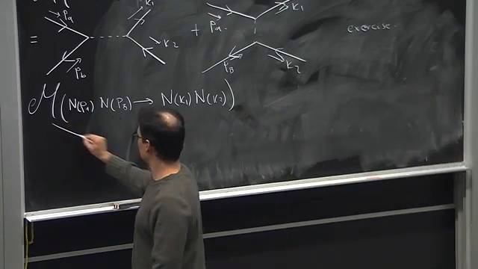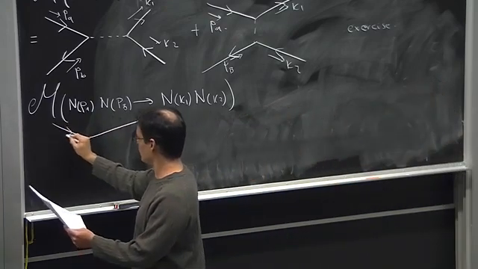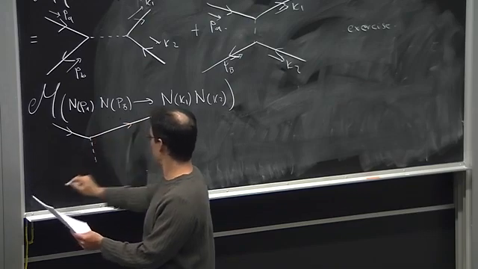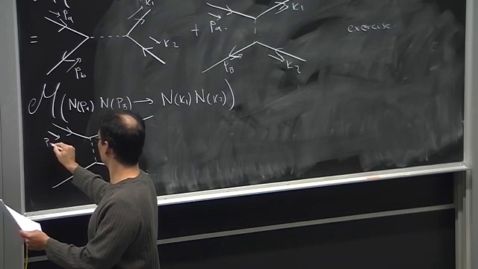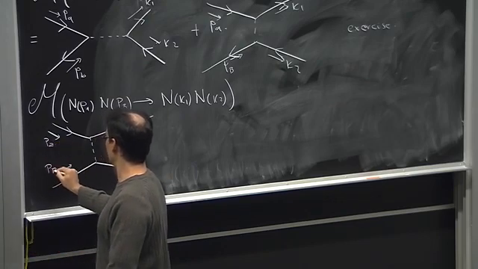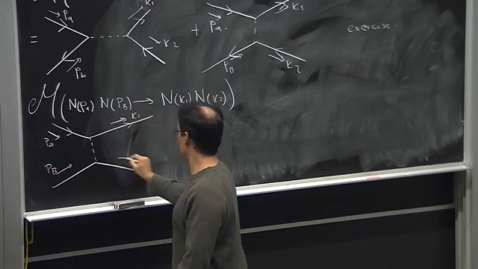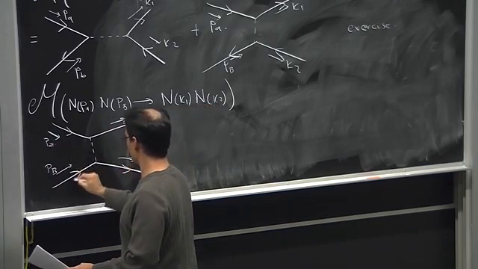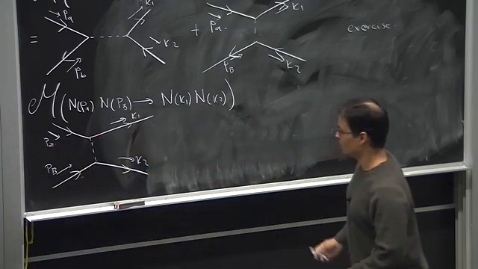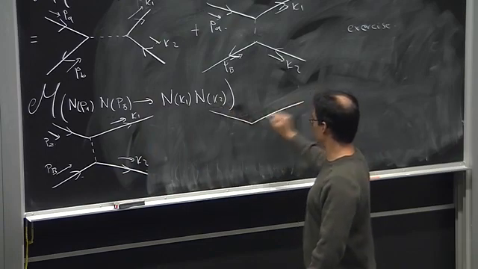Well, the Feynman diagrams are, we have something like this. PA, PB, and then K1 and K2. And we have another one, which is this one.